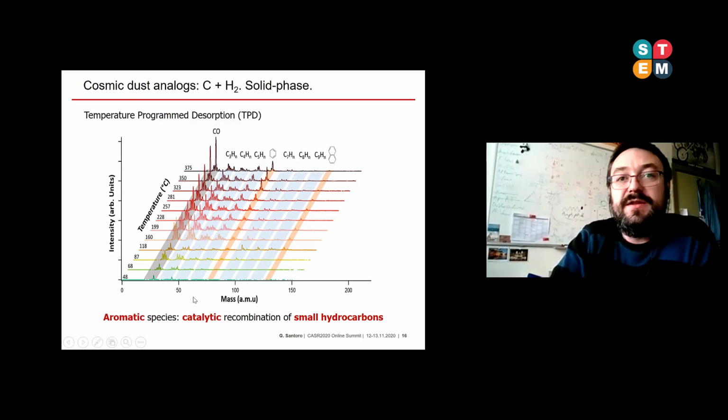And while we heat it up at around 100 degrees C, we start to see the signal from benzene and from naphthalene. And this is what gives us the clue that, okay, aromatics cannot be formed efficiently in the circumstellar envelopes, but processes at the surface of the dust can lead to the formation of polycyclic aromatic hydrocarbons.